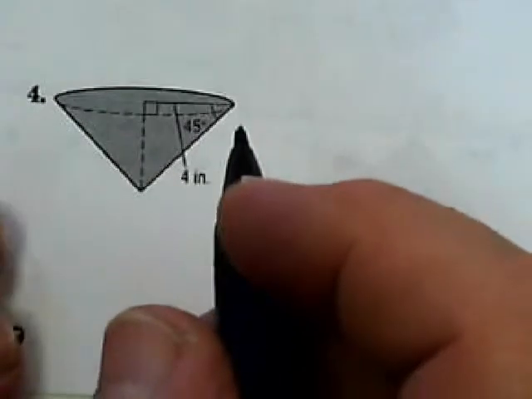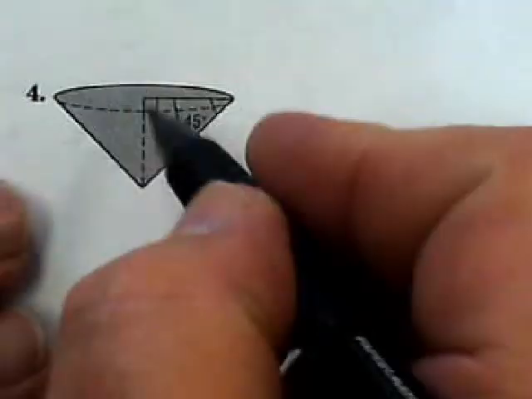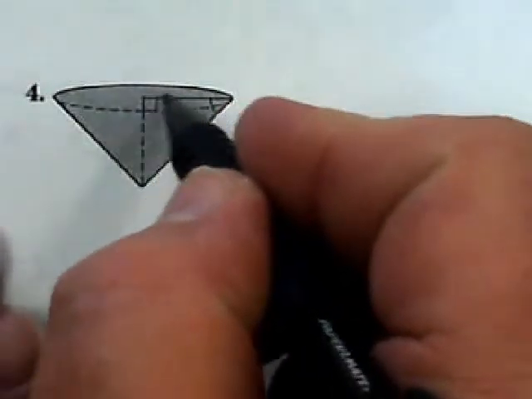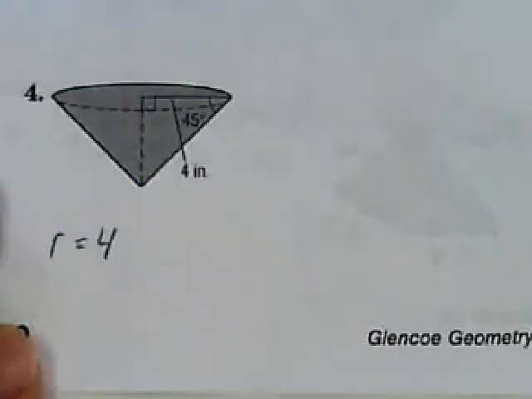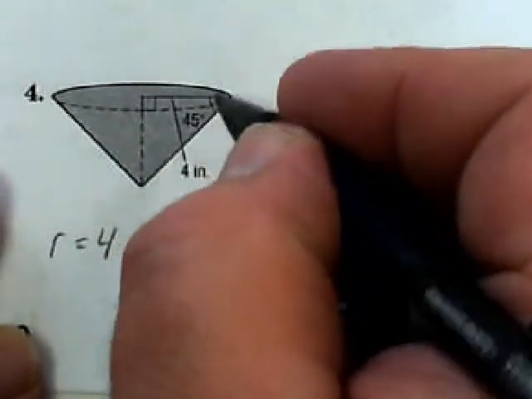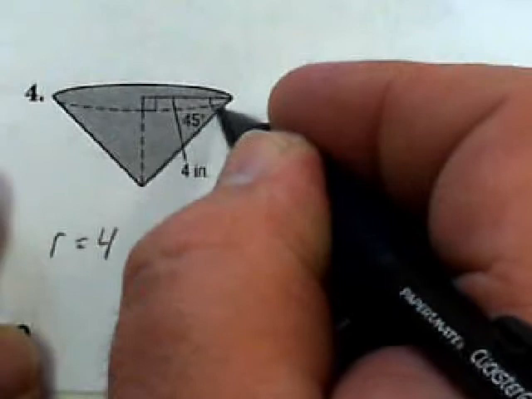Okay, number 4. In this case, I already have the radius, which is 4. Here's the radius. Isn't this the hypotenuse that's now the slant height?